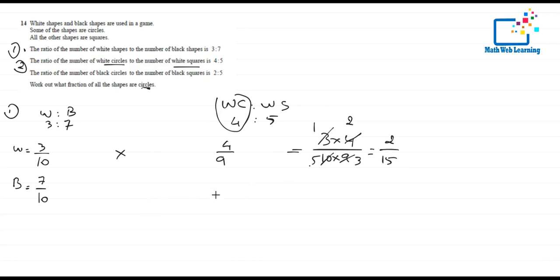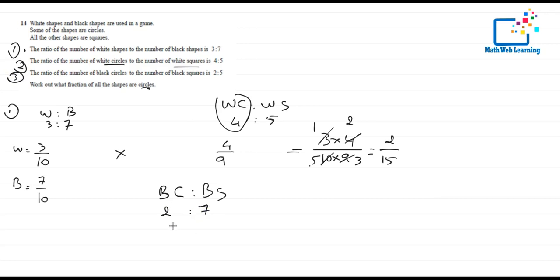Now the other one is for the black circles. I'm going to write it down here: BC to black squares. Here it is, number 3. It's 2 to 7.